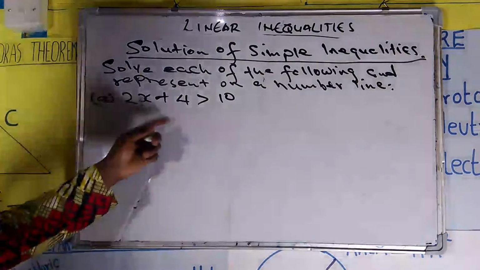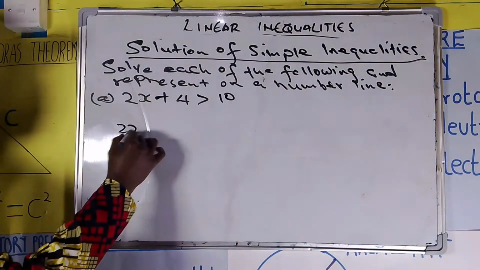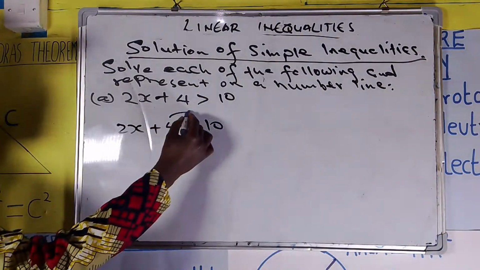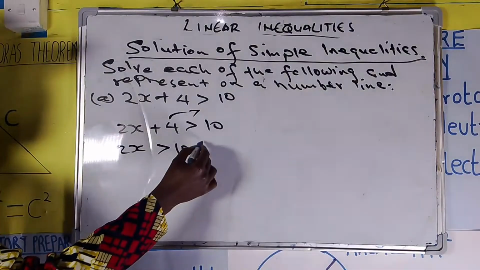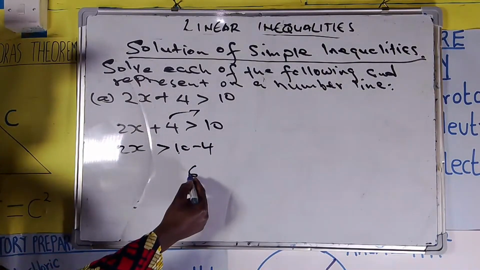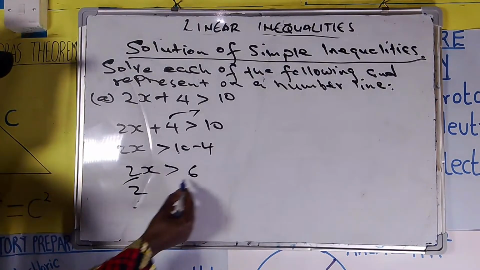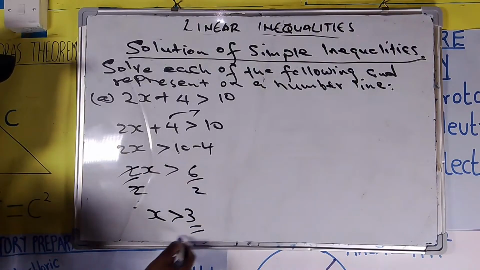So tufanya hii na tu represent kwa number line. Tumesema 2x plus 4 is greater than 10. So utachukua hii upeleke huko, ikuwe minus. Ikuwe 2x is greater than 10 minus 4. 10 minus 4 is 6. So 2x is greater than 6. We divide by 2, we divide by 2. So our x will be greater than 3.